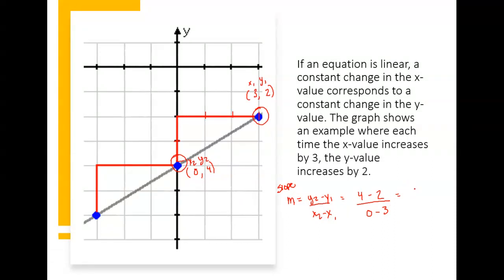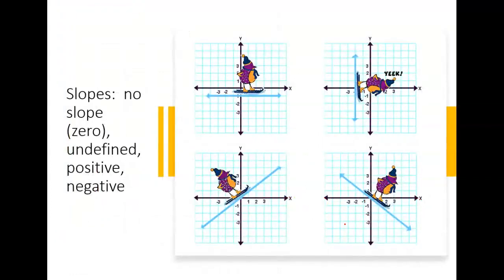So 4 take away 2 is 2, and 0 take away 3 is -3, so we could say -2 over 3 is my slope. I just want to make sure I did that right. So let's move on to the next one.